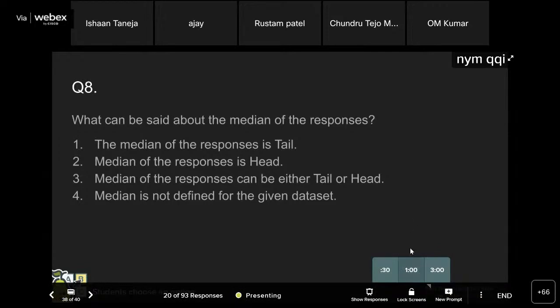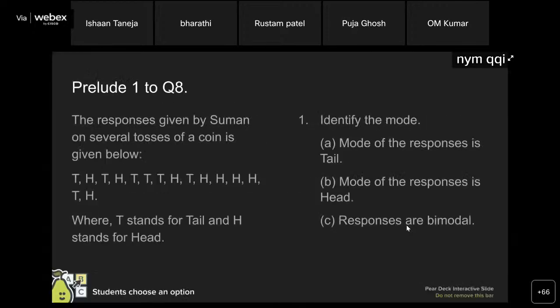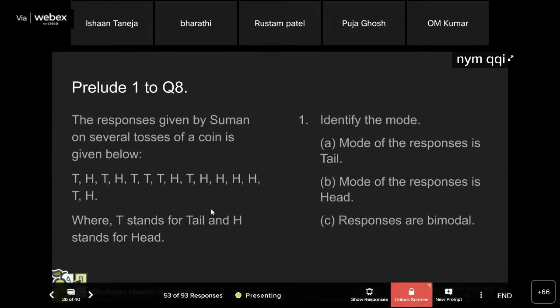Sir, can you show the option one more time? Can you show the sequence? The previous slide, sir. Which one you put T and H? Okay, this one, right? Can you please note it down? I will just wait one minute. I hope all of you can note it down. Yeah, I will add that sequence to that slide as well.